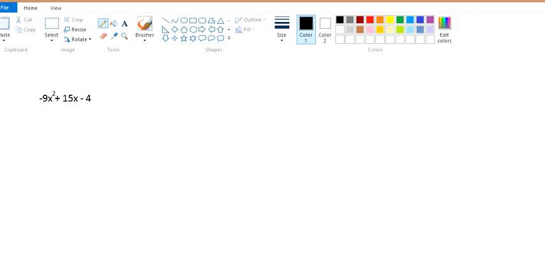In this case, the first step in factoring this polynomial will be to multiply a by c. Since the a value is not 1 and it's not positive, we need to find the master product before we can split the middle. So what does that give us? That gives us -9 times -4. That's 36. Alright, so now we can proceed to split the middle, except we have to find the factors of 36 that add up to give us 15.